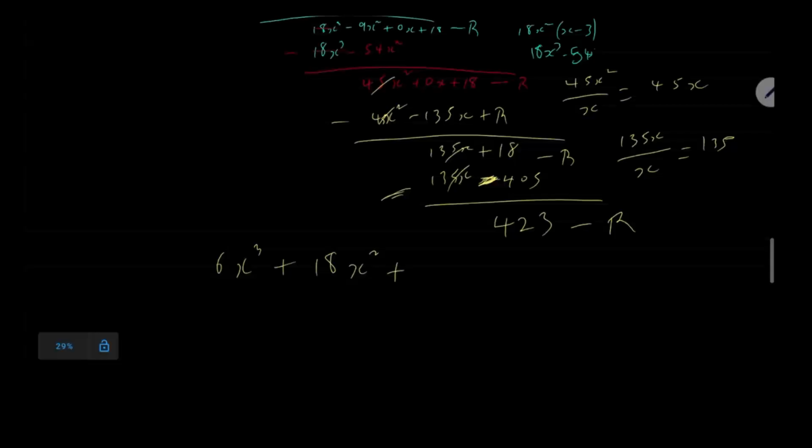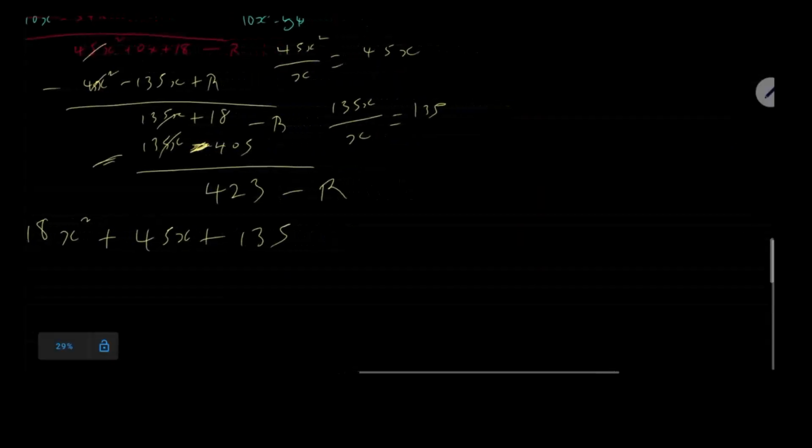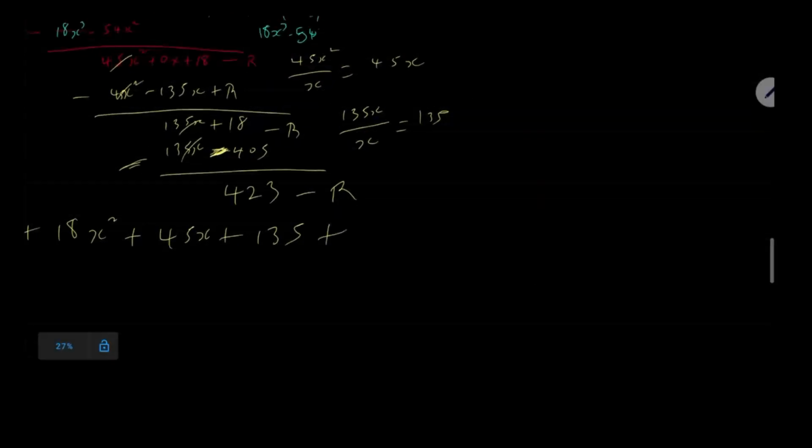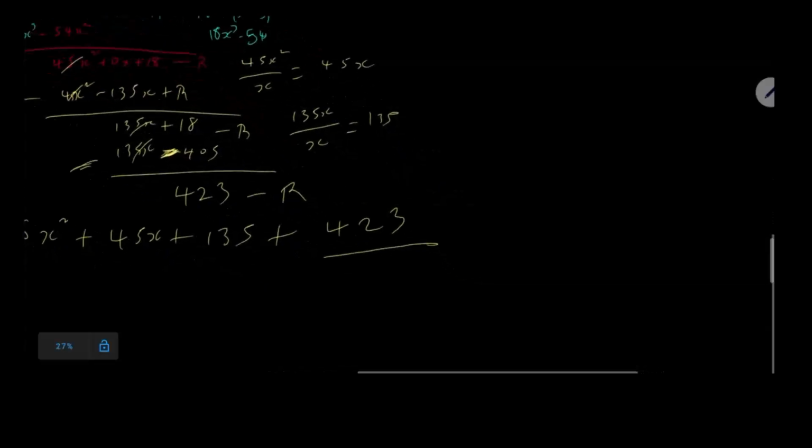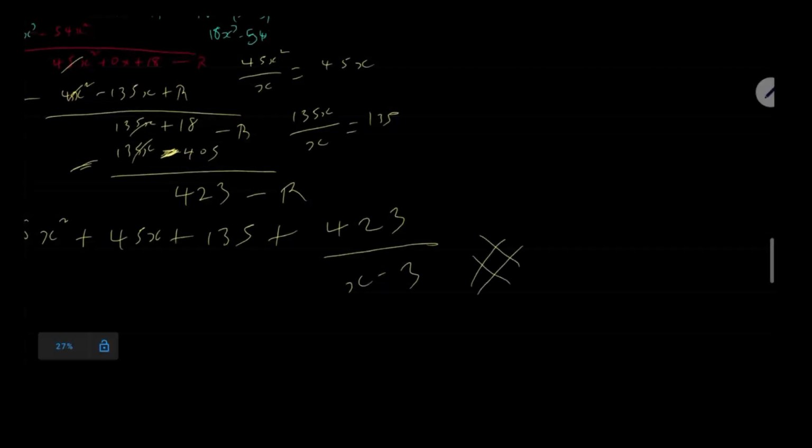Plus 45x plus the last one, which is 135. This one plus the remainder 423 all over the divisor, which is x minus 3, and this is the division of this polynomial.